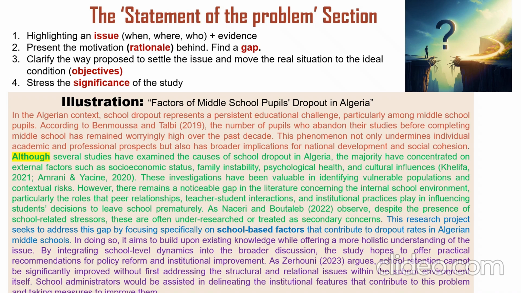Look at the word under-researched. Sometimes we need some specific words like under-researched, under-studied, were not given attention. So there are specific expressions that show to the reader that research on a particular aspect is missing.